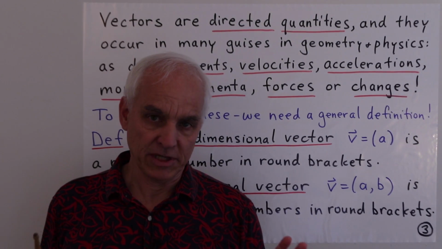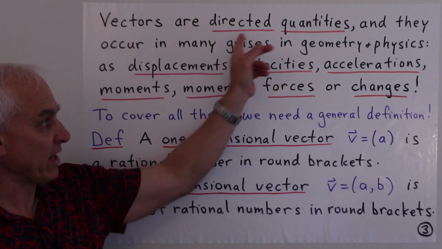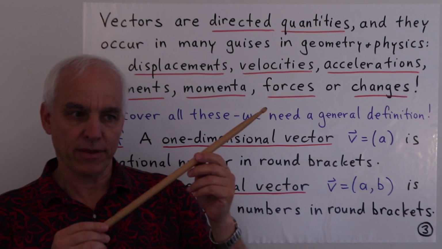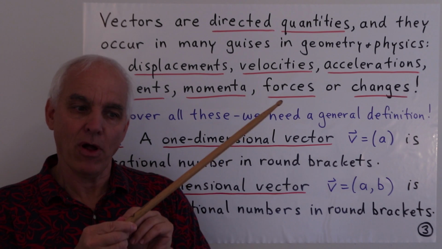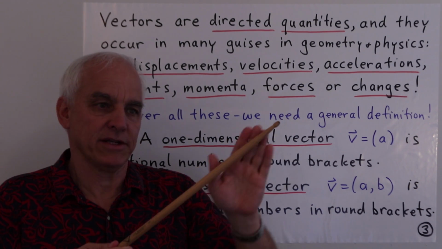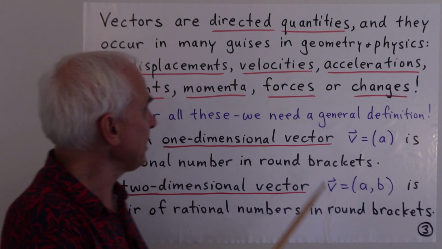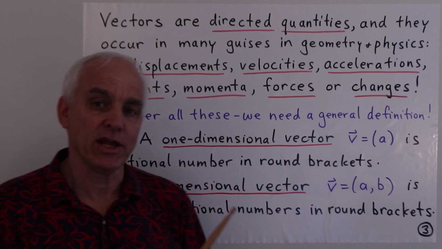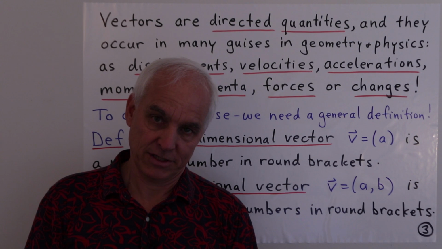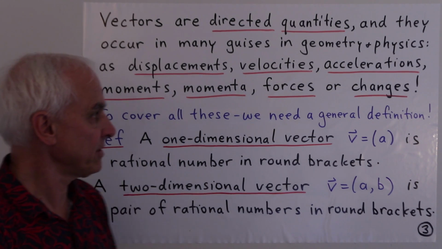Okay, so we're thinking about these vectors as some kind of directed quantities. They're things with a direction, but also an extent or a quantity, some kind of measurement of how far we're going in that direction. And these things occur in many, many places in geometry and in physics. They're very important concepts.